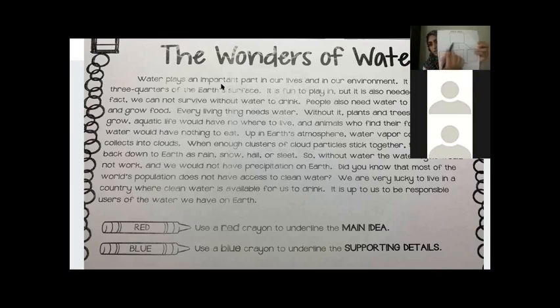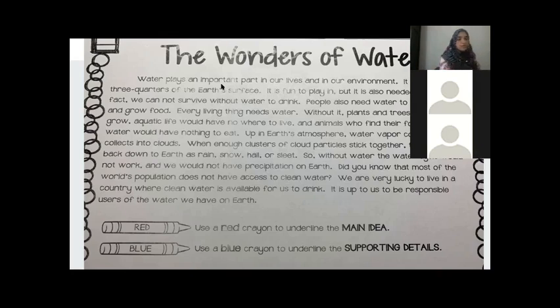The first box here is the main idea, and this is the supporting details. When you do this for homework, you will have this drawn out, and before you go into underlining or highlighting your main idea and your supporting details, at the same time, you're going to fill this out.